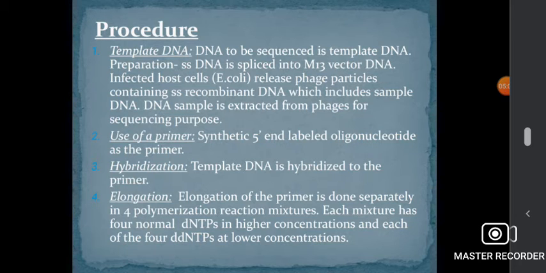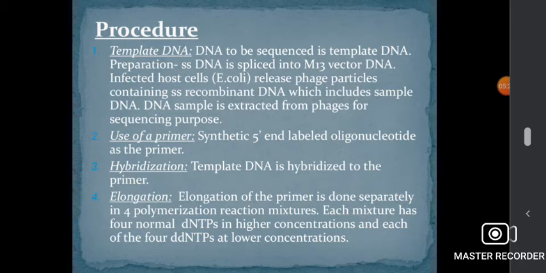Use of a primer. A synthetic 5' end labeled oligonucleotide is used as the primer here. Hybridization: the template DNA is then hybridized to the primer. Fourth step, elongation. Elongation of the primer is done separately in four polymerization reaction mixtures.